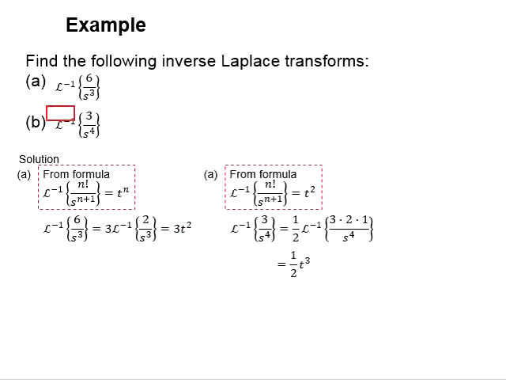Next, you are asked to do the inverse Laplace transform for this function. The same formula applies. S to the power of 4 is actually s to the power of 3 plus 1, where you know that the n here should be equal to 3 factorial. 3 factorial is actually 3 multiplied by 2 multiplied by 1.